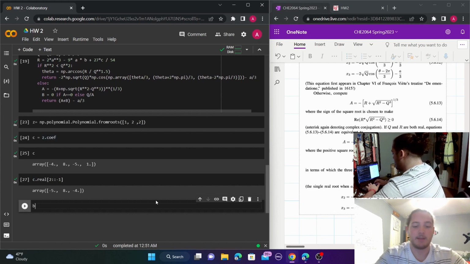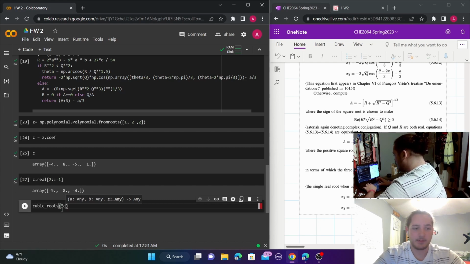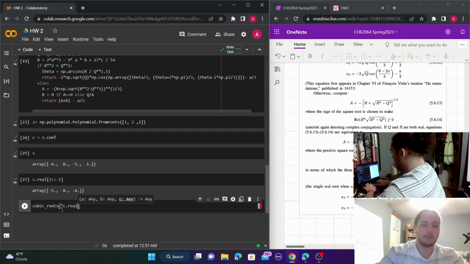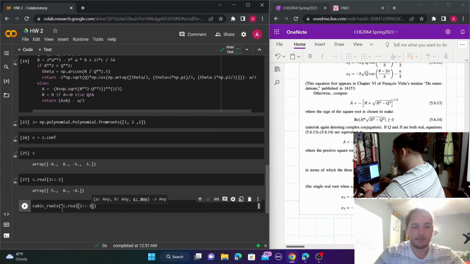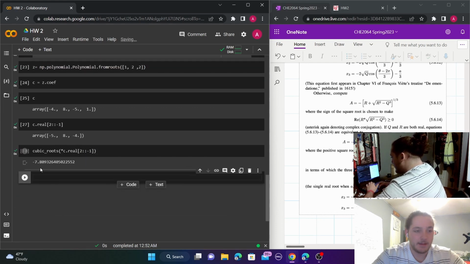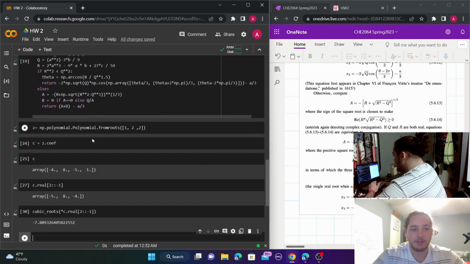So lastly, we can use our cubic roots function to evaluate the cubic roots at our real roots. So we can go times c dot real, and then we're just going to go with what we had above. And then this outputs our cubic root of the equation that we generated from above.